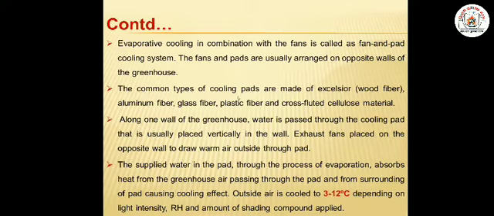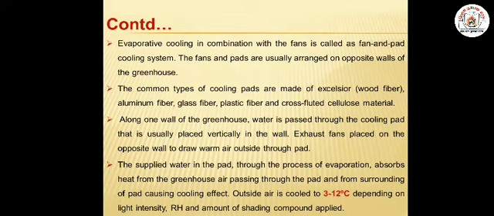The common types of cooling pads are made up of excelsior, wood fiber, aluminium fiber, glass fiber, plastic fiber, and cross-fluted cellulosic material. Or in many cases, a honeycomb-like structure made up of cellulosic material or khus.